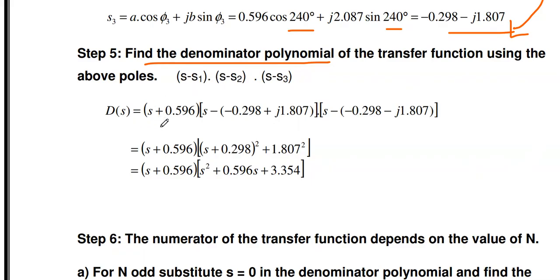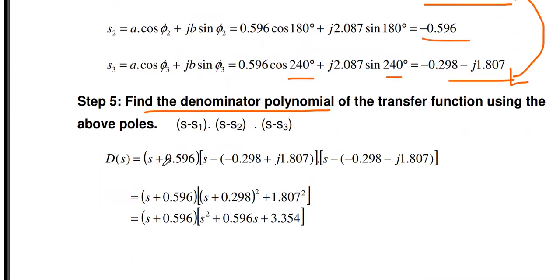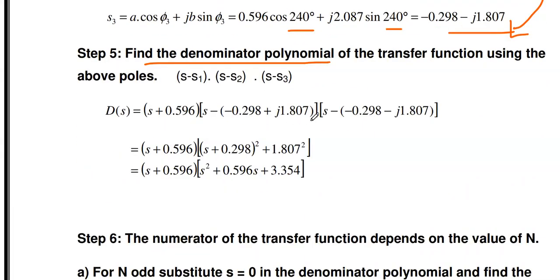So you see the second pole is real, and these two poles are complex conjugate. So s minus of minus 0.596, we can write as s plus 0.596. And the next poles, s minus this one, similarly s minus this one, and these two poles are complex conjugate poles.